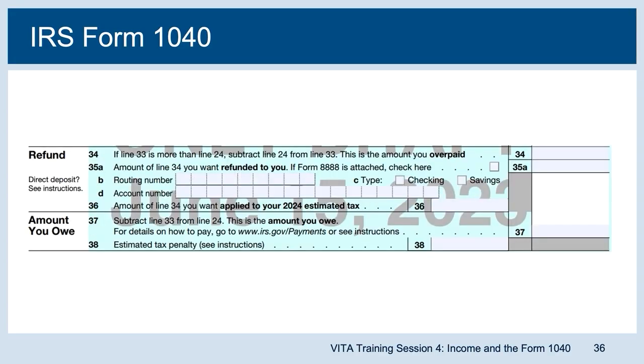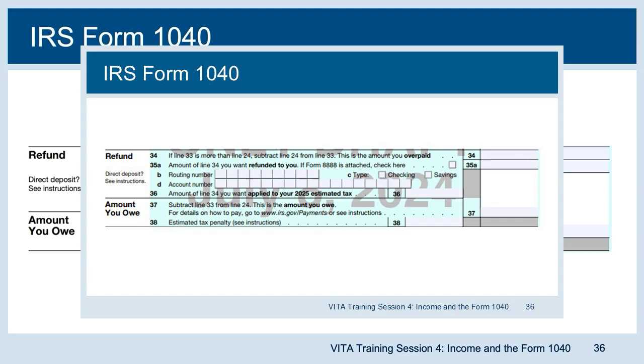Line 34 is the amount of taxes overpaid. Line 35 shows your taxpayer's refund amount. The taxpayer will have the option to have the money directly deposited into a checking or savings account, or they can choose to have a check mailed to the address on the return. Use 35B through D to input the taxpayer's bank information if requesting direct deposit. Line 36 is the amount of line 34 the taxpayer would like applied to their estimated tax for the following year.